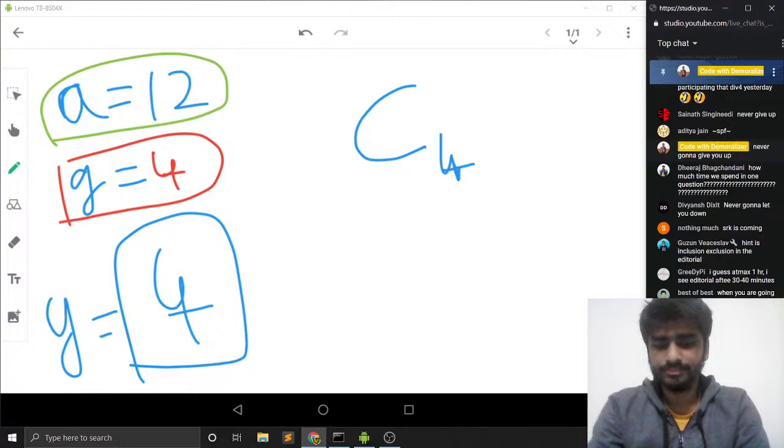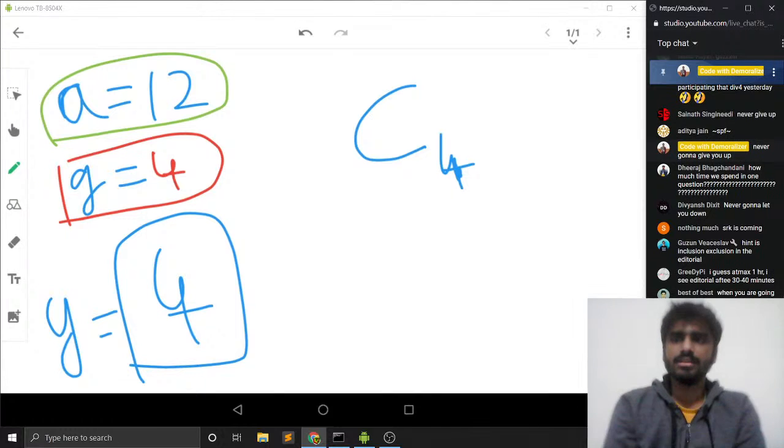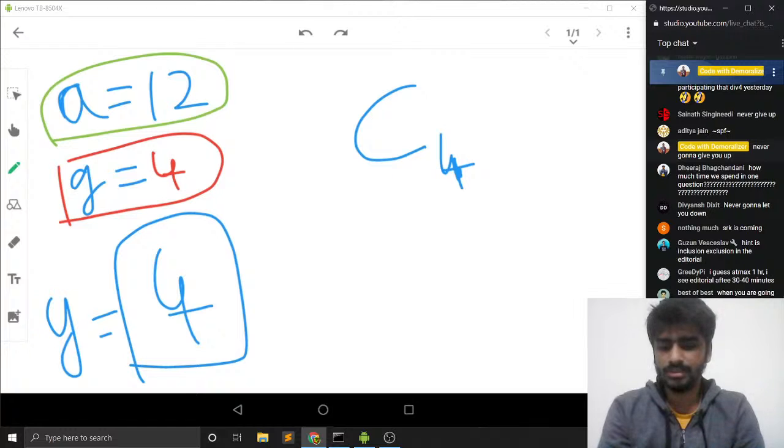Or maybe this is the sum of lengths of all such subsequences. Okay, for now let's just say it's the number of subsequences.